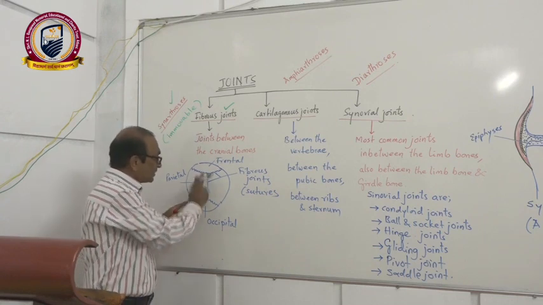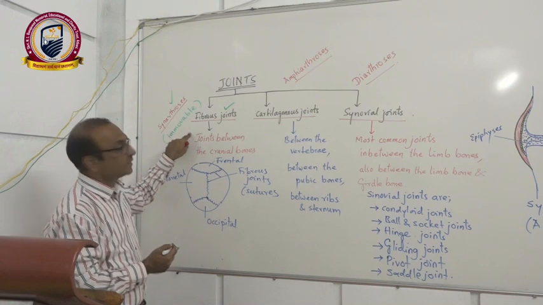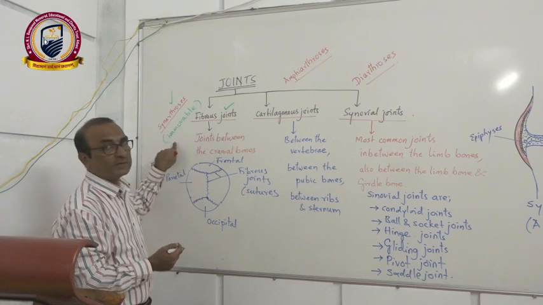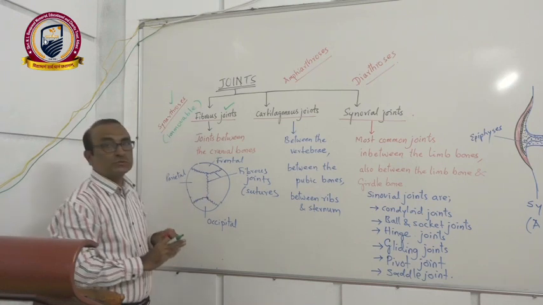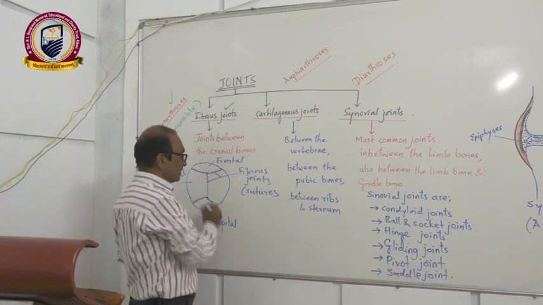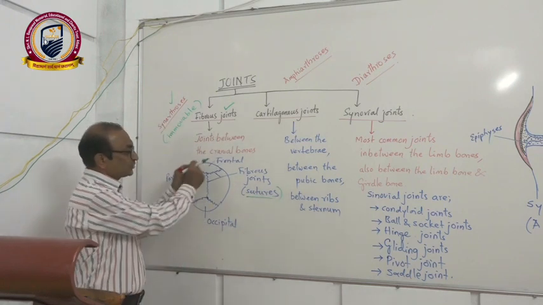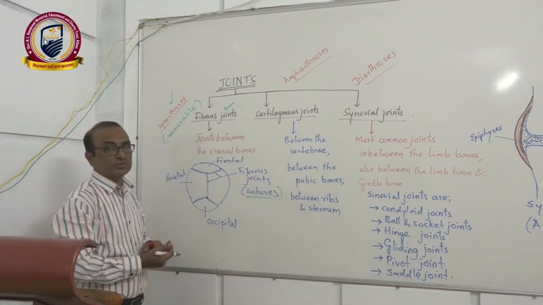So these joints, what I have drawn here, they are the fibrous joints. They do not allow any movement and they fix the bones together. Okay. So these joints, therefore, they are called as sutures, as if they are stitched together. So they are called as sutures.